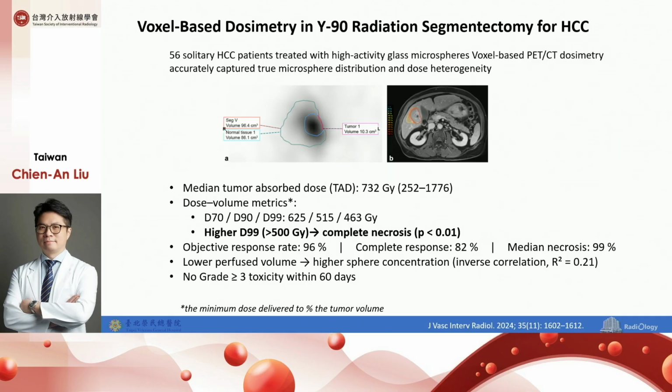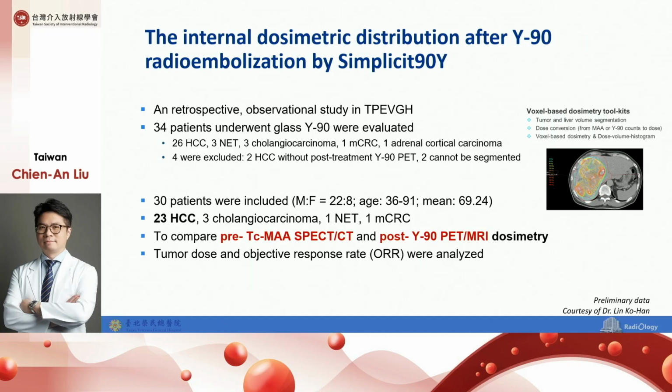In this study, if you can give a D99, which means 99% of the tumor covered by over 500 gray, you can achieve complete tumor necrosis without grade 3 toxicity within 16 days.